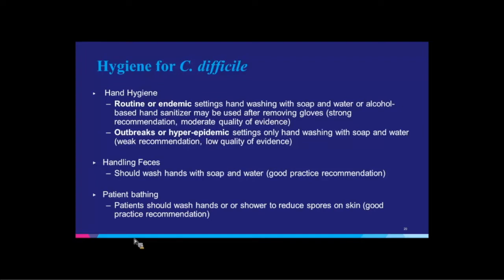So for routine or endemic levels of C. diff in your institution, hand washing with soap and water or an alcohol-based hand sanitizer may be used after removing gloves. This comes down as a strong recommendation, moderate quality of evidence. And that's for average rate. If you're experiencing an outbreak or what they term hyper-epidemic settings, then we should only wash with soap and water. Weak recommendation, low quality of evidence.